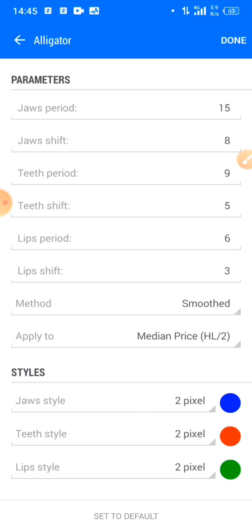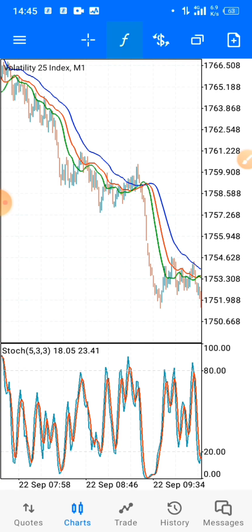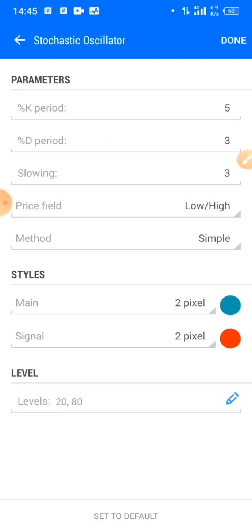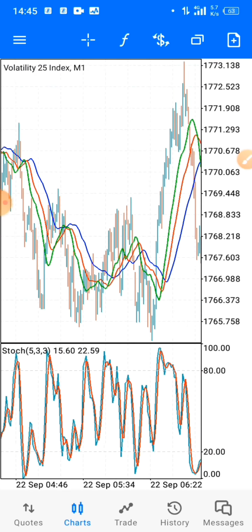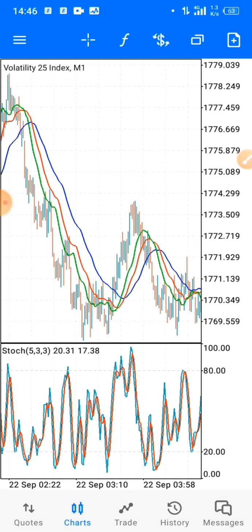Method is smooth, apply to median price, then click done. For the stochastic oscillator, we're going to be using the default settings, 5, 3 and 3, low high, simple. Then click done. If you are done setting up your indicators, it should look something like this.